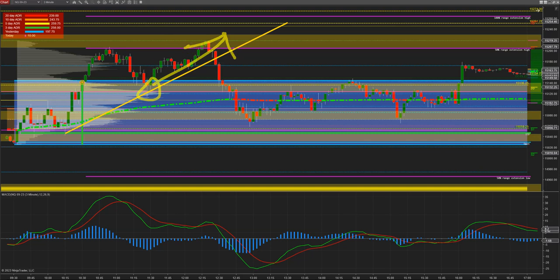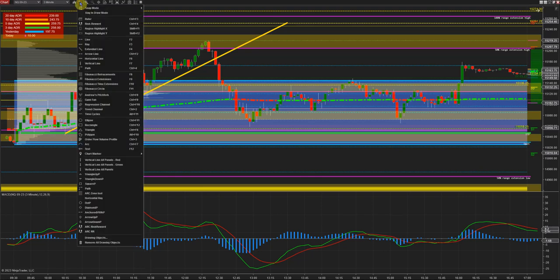But not just that, the more you learn and the more you are a member, you'll learn all these little nuances. I can tell you right now that this is probably about a 50% pullback of this move. And people who say Fibonacci's don't work don't understand the human condition and the trading brain.